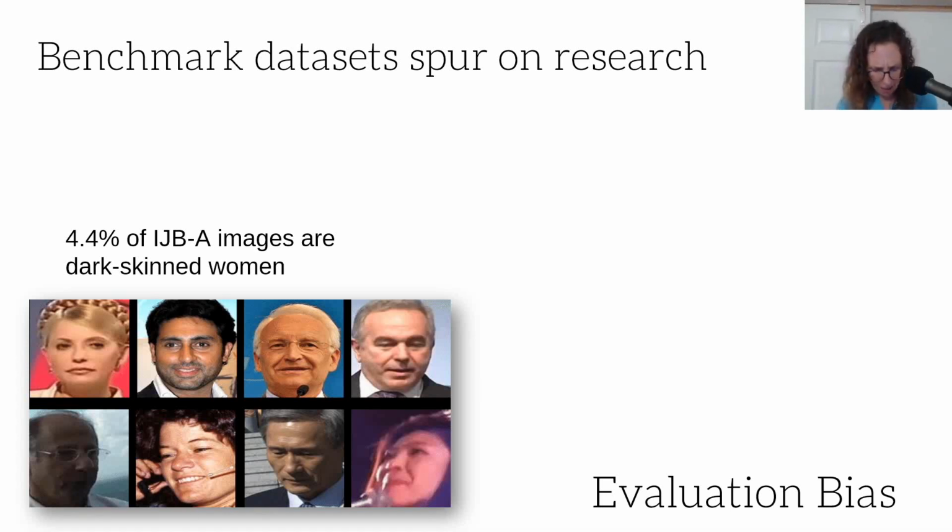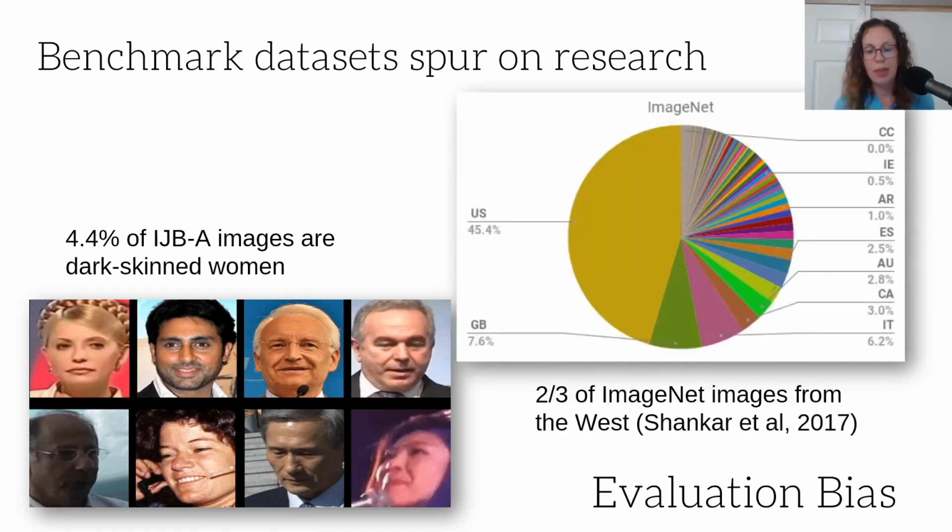Back to bias. Yeah, we had the benchmarks. When a benchmark that's widely used has bias, then that is replicated at scale. And we're seeing this with ImageNet as well, which is probably the most widely studied computer vision data set out there. 2/3 of the ImageNet images are from the West.